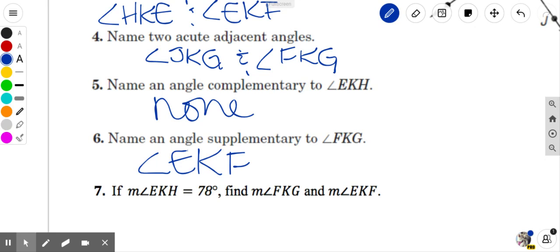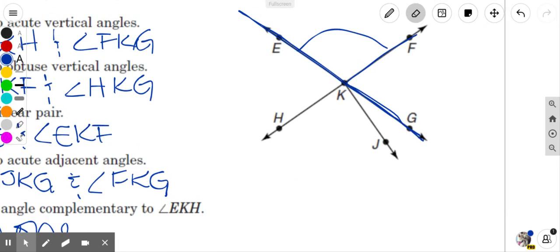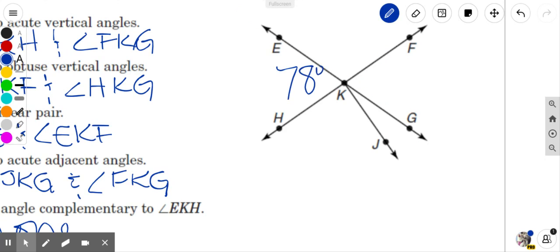Okay, and then the last one, it says if EKH is 78 degrees, so I'm going to label 78 degrees. It wants us to find this one and this one. So first of all, the one across from it, this one, FKG, those are vertical angles. So EKH and FKG are vertical, making them congruent.